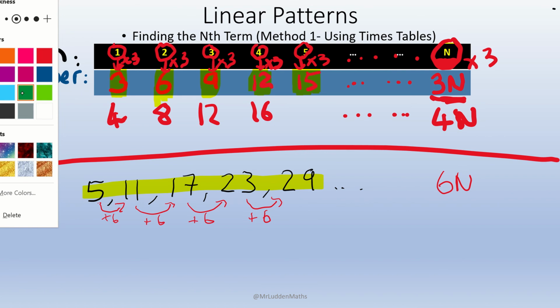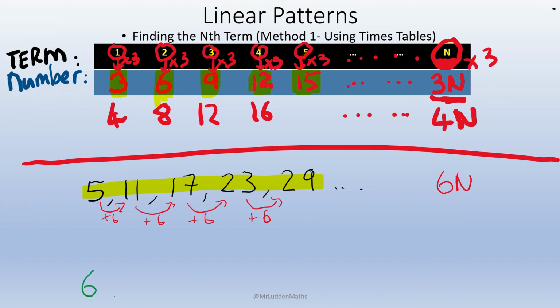My actual 6 times tables would be 6, 12, 18, 24, 30. So that right there, seeing as it starts with 6, will be my 6 times tables, in other words 6n. But if you look at my original question, they're not the same. They're one off every single time.